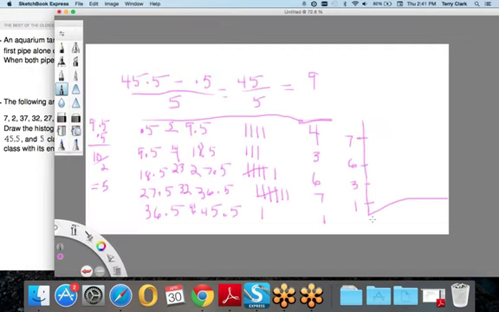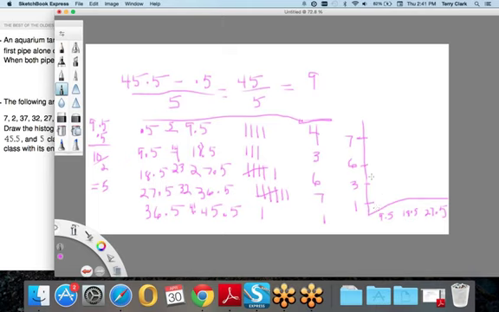So a histogram is going to be 9.5, 18.5, 27.5. Okay, I'll just do these 3.